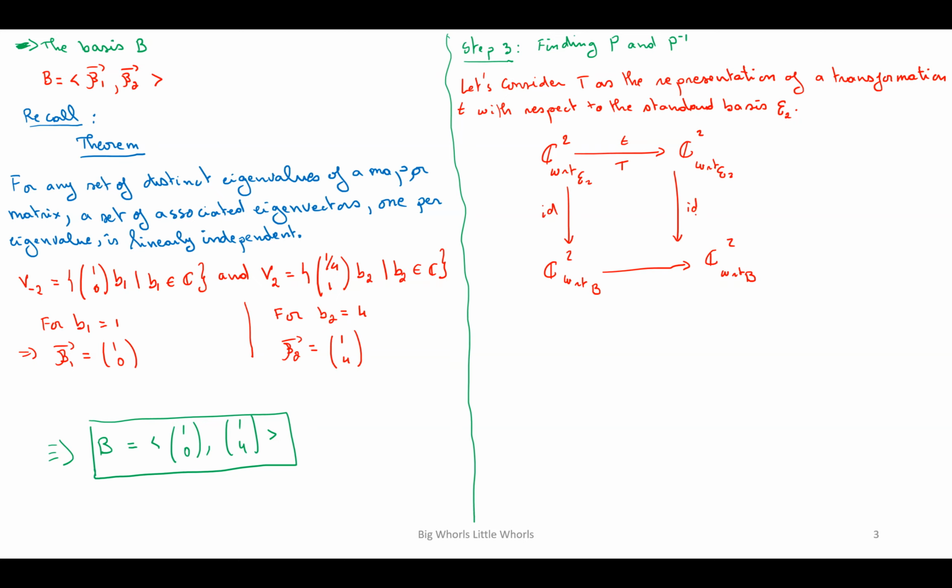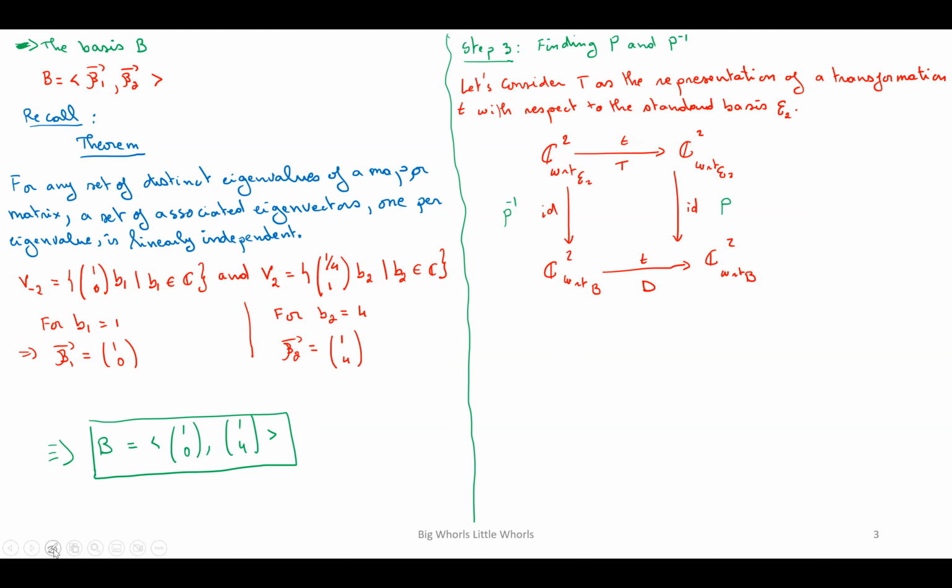We have T here, but this time, instead of writing T hat, I'm going to write D because we are dealing with a diagonal matrix. So from up to down here, it is going to be P. This is going to be our P inverse, okay?